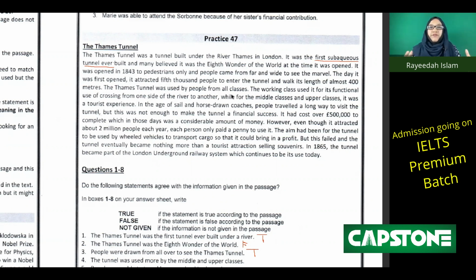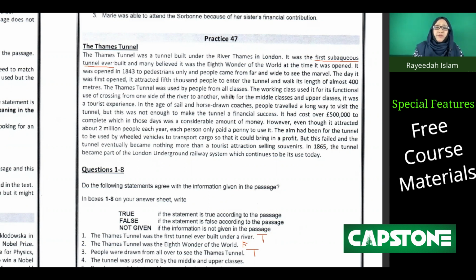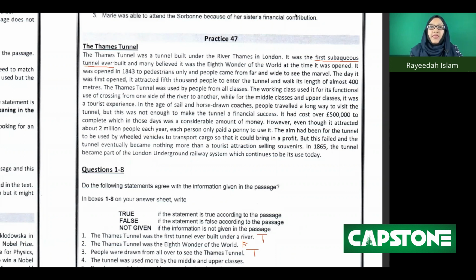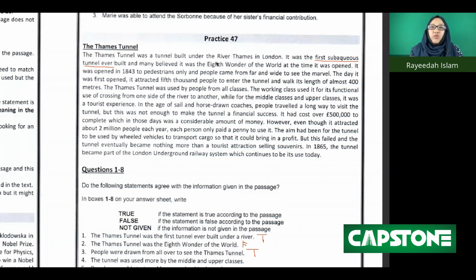So this is a very huge criteria, and ওরা কোয়েশ্চেনটার মধ্যে specify করে দিচ্ছে. So I can very easily say that it is indeed false. Why? Because এরকম কোনো specify করা নাই যে শুধুমাত্র middle and upper class এখানে এসেছিল, এটা সবার জন্য open ছিল. People from all classes came to use this tunnel, and it was used by people from all classes.